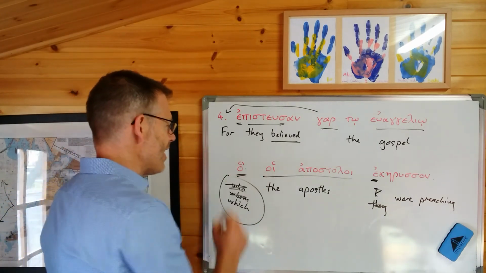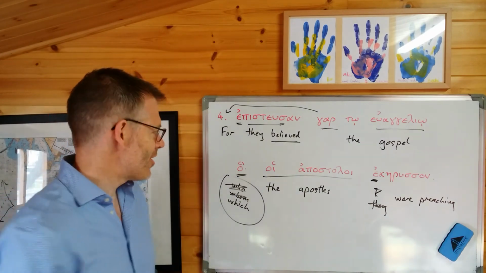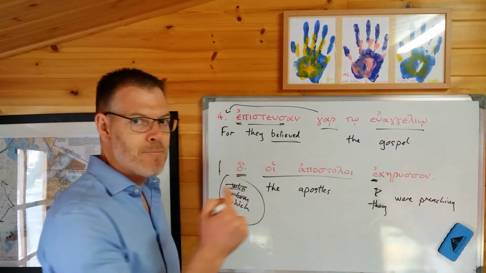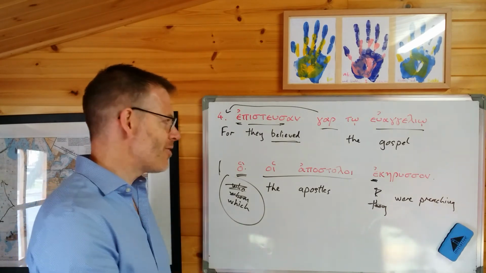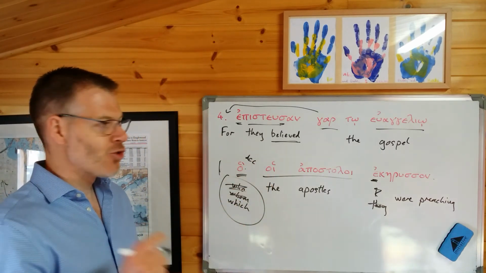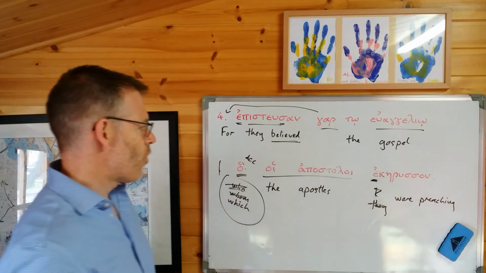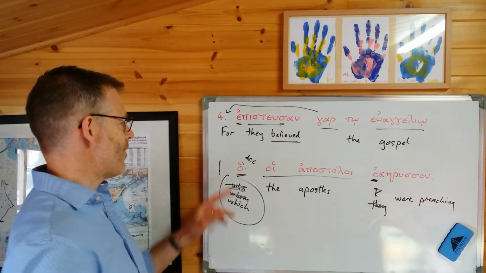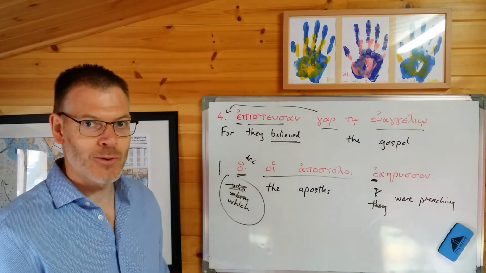Well, the case of this is governed by its function within its own clause. And so it's the thing being preached. It's the object. It's going to be accusative. And indeed it is. And it's got to agree in number and gender with its antecedent. What's the thing being preached? Well, is there anything in neuter singular in the previous clause, the independent clause?